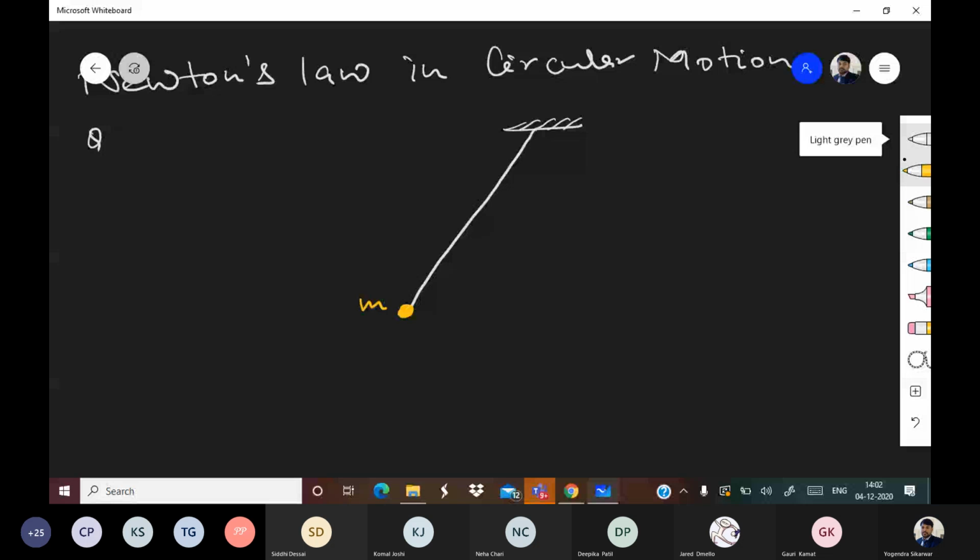The object is here and this is the string.